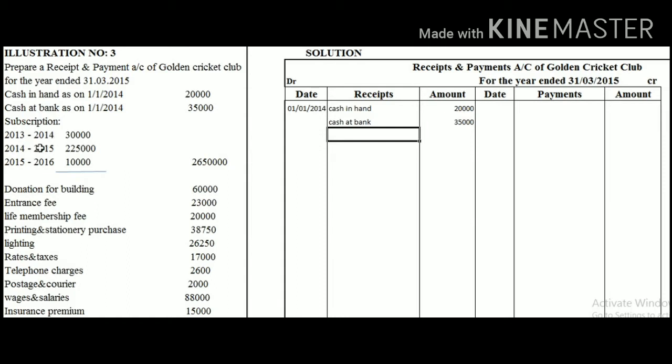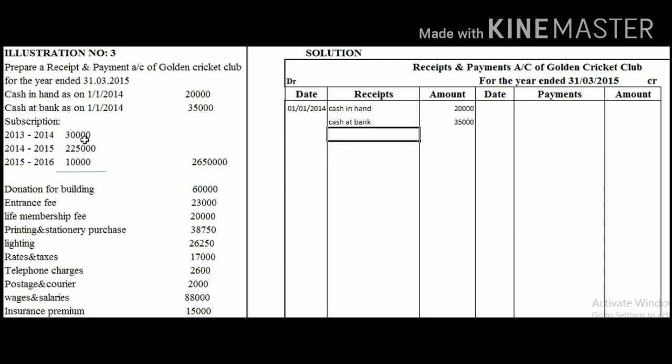Here the 3 years' subscriptions are given: 2013-14, 2014-15 and 2015-16. All the years, that is the current year, future year and previous year, are recorded in receipt and payment account. One of the important features of receipt and payment account is that it records all the items in this particular year.